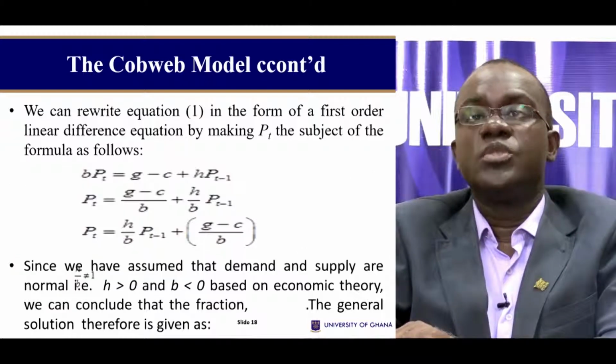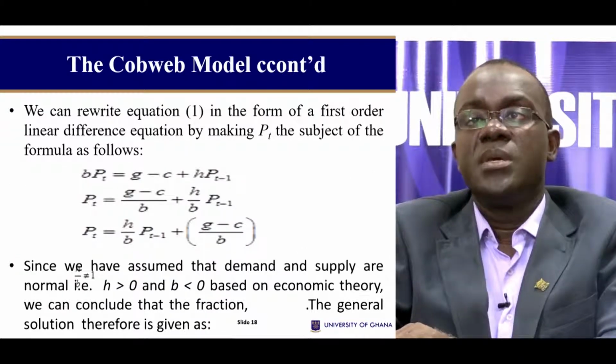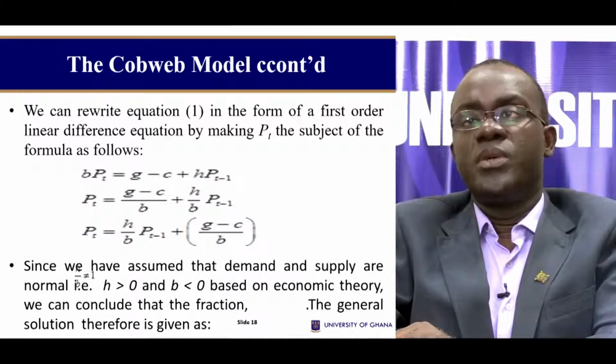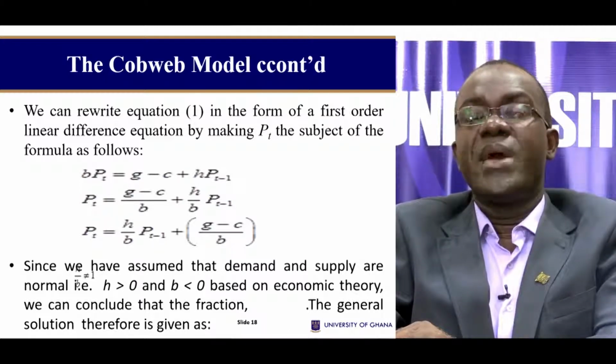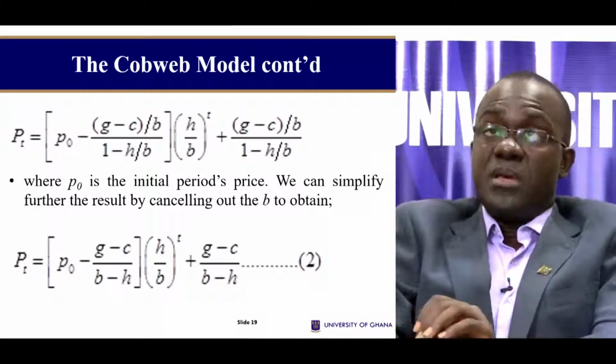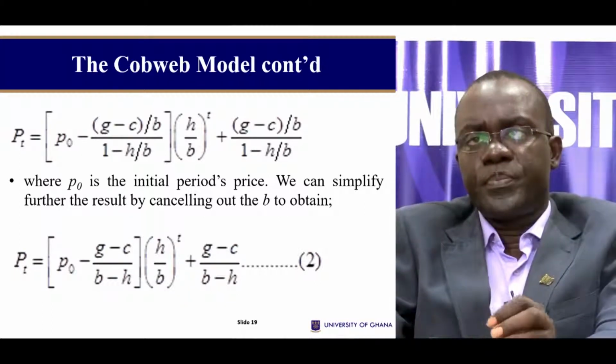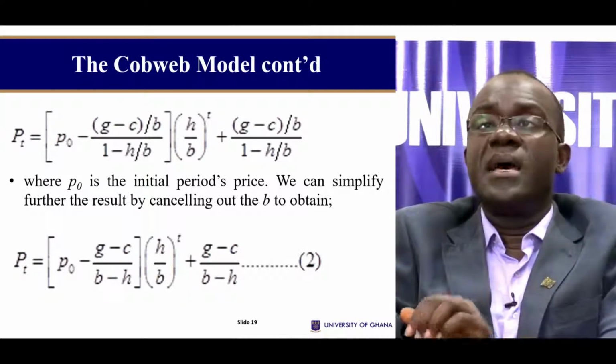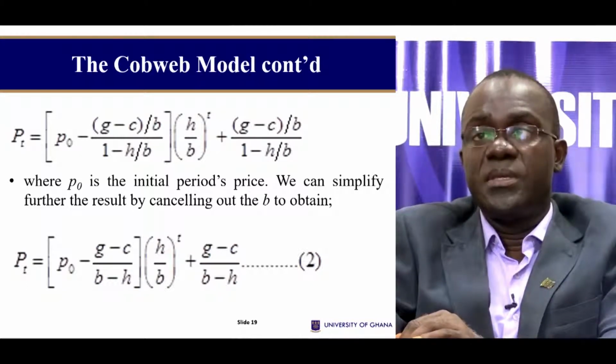Once we have this equation, being our first order difference equation, we can straight away write the solution, which we have over here, using our usual solution for a first order difference equation.